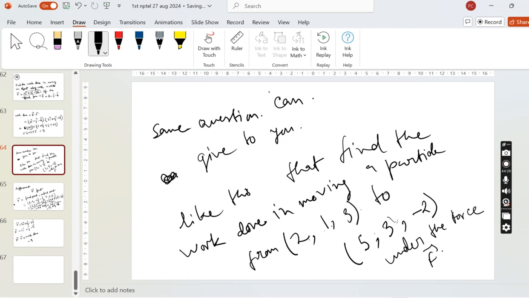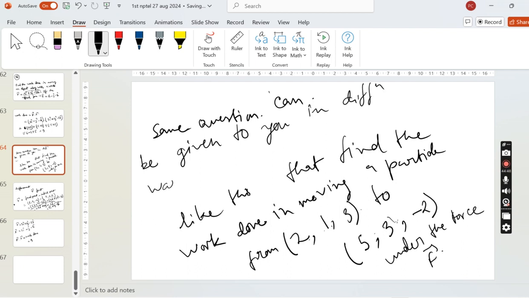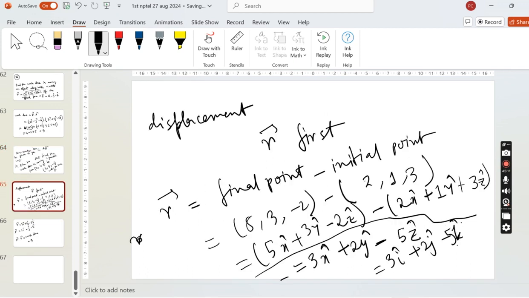Now the same question can be given in a different way. Find the work done in moving a particle from 2, 1, 3 in space to 5, 3, minus 2 under the force F. If you already know F, for work done we know it is force dot displacement.